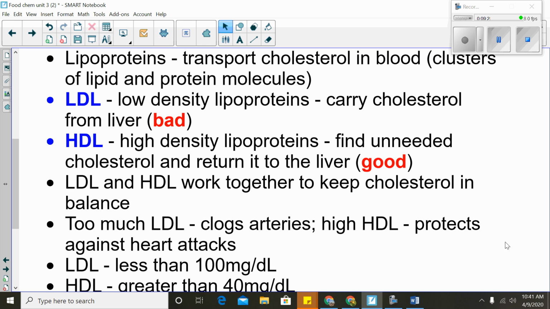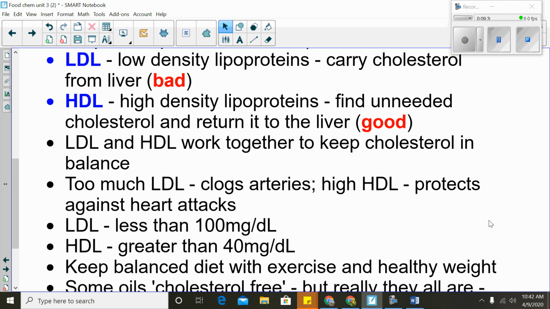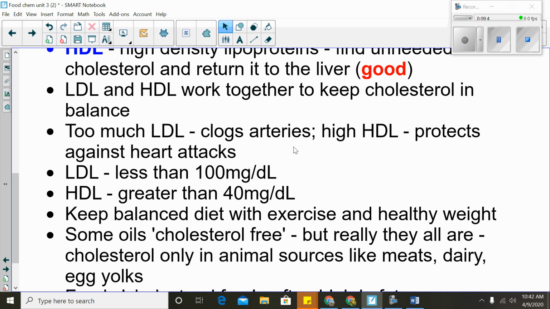But what your body needs is a good balance of LDL and HDL. They need to work together to keep your cholesterol in balance. If you've got too much or too little of either of these, that's where the problems start. Too much LDL will clog the arteries. High HDL protects against heart attacks.